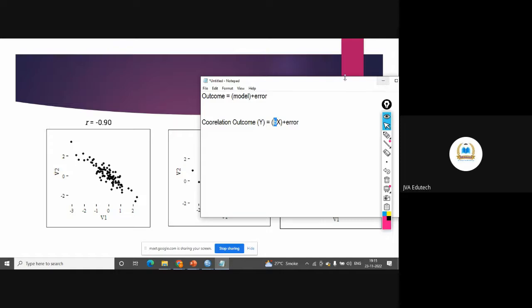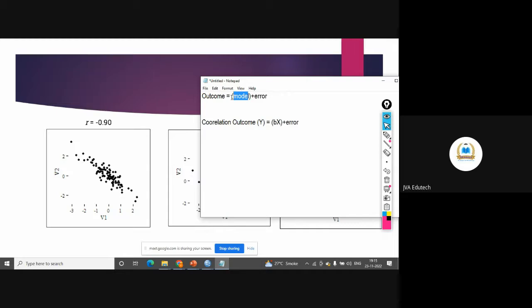Always keep this formula in mind: every outcome is equal to model plus error. And in place of model, you can put your statistical model. It could be the ANOVA model, the t-test model, the chi-square model, the correlation model, or the regression model. So henceforth, we'll be using this thing that every outcome is equal to model plus error.